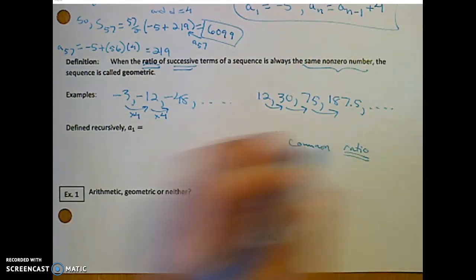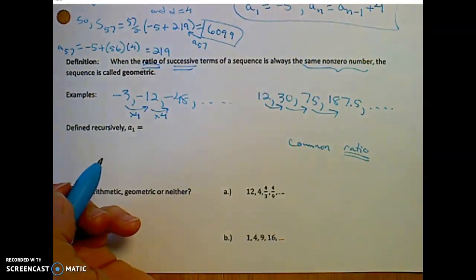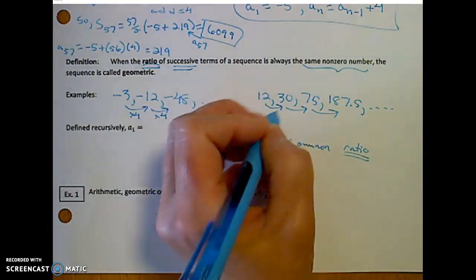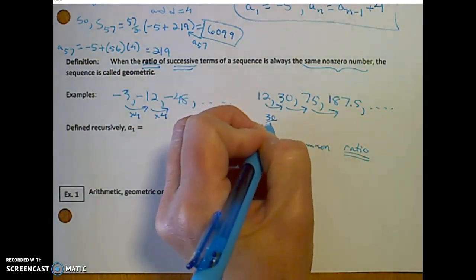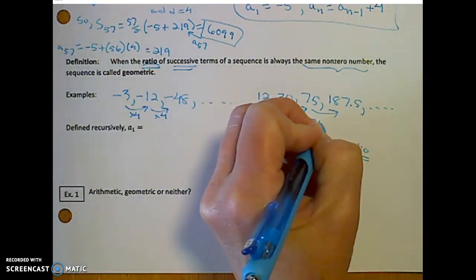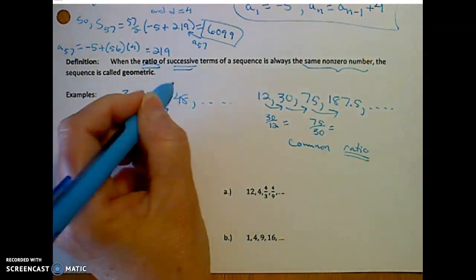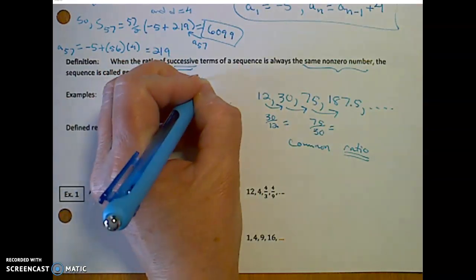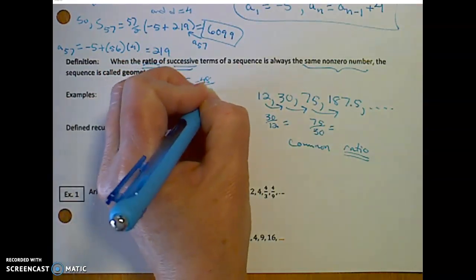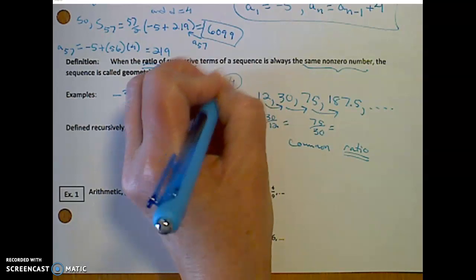Anytime the ratio between two consecutive terms is the same, that's a geometric sequence. So I can always take a term divided by its previous, a term divided by its previous, and a term divided by its previous. Over here is a little bit easier. -48 divided by -12 gives me that common ratio of 4.